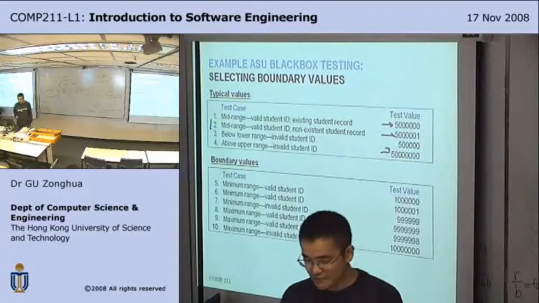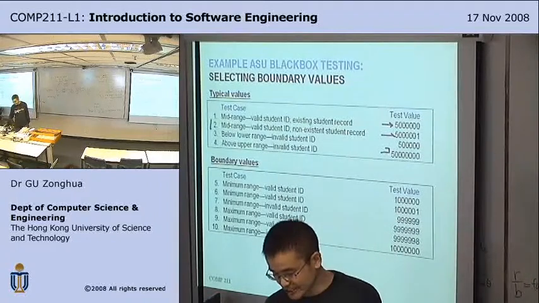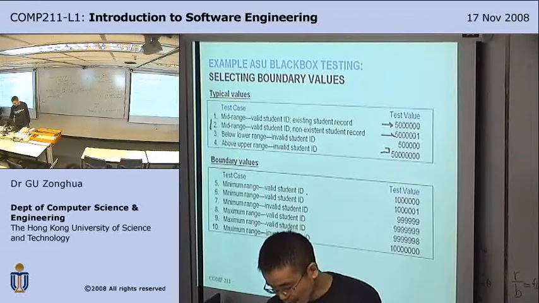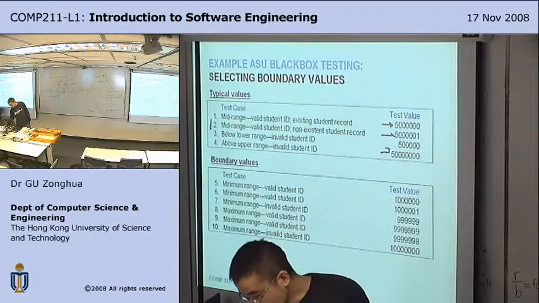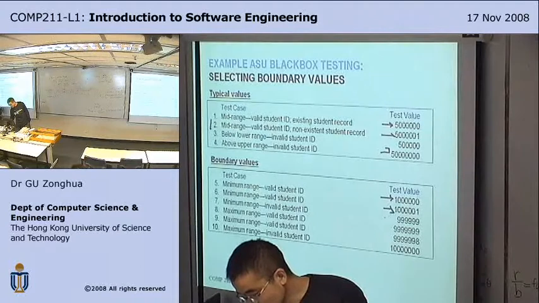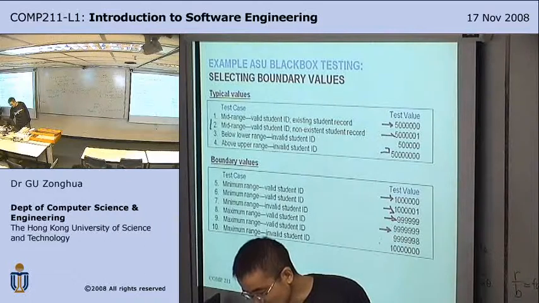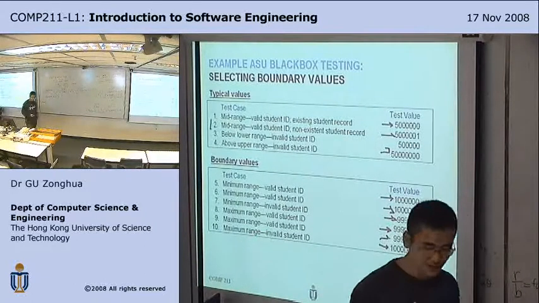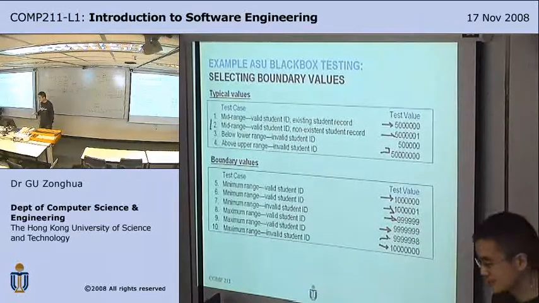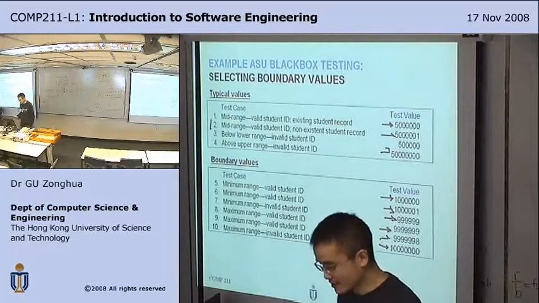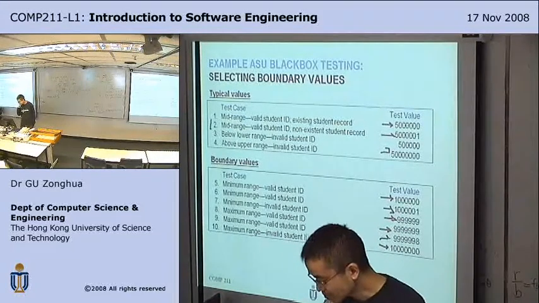And then boundary values, we take the minimum range 1 million and try plus 1 and minus 1. And then we take the maximum range and try the value of plus 1 and minus 1 based on the guidelines for testing boundary values for the range-based inputs.